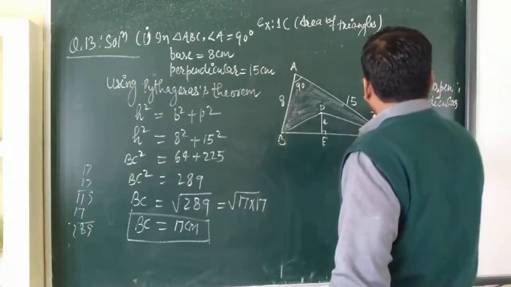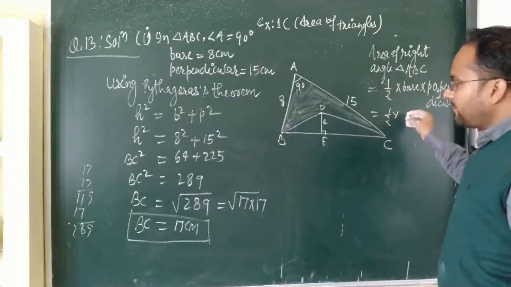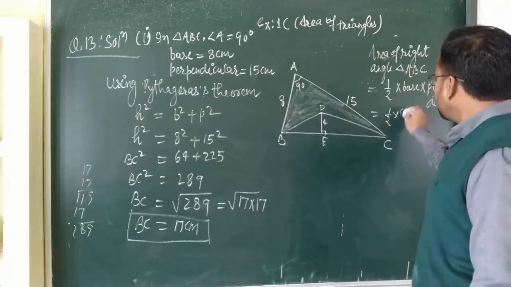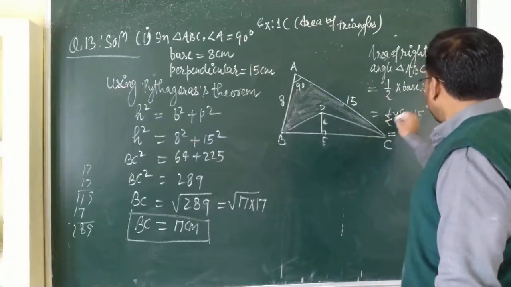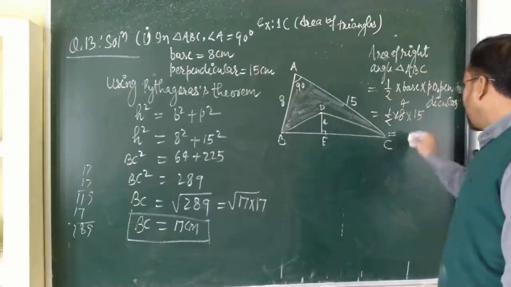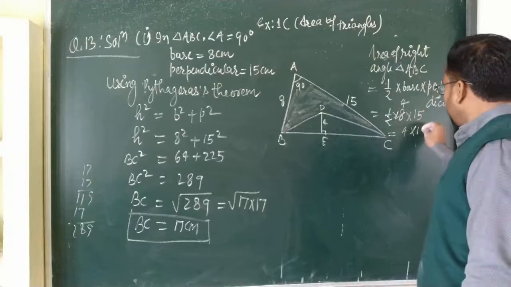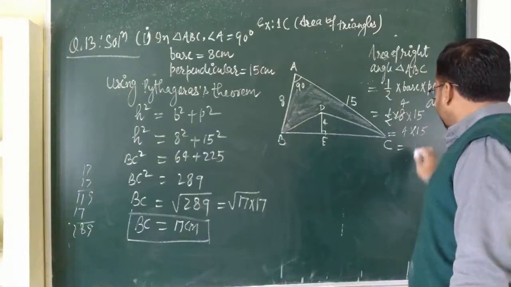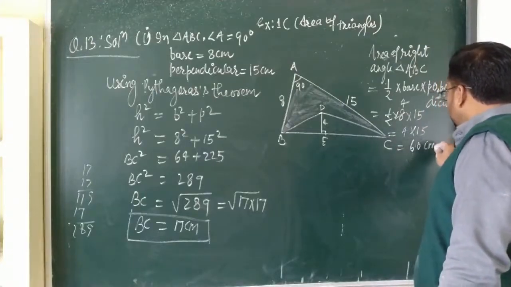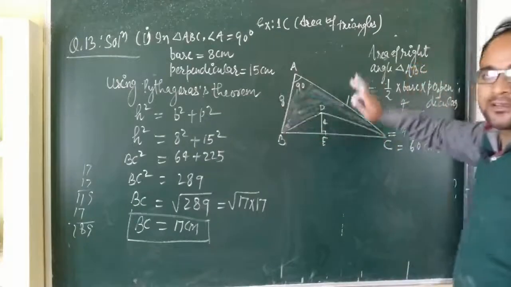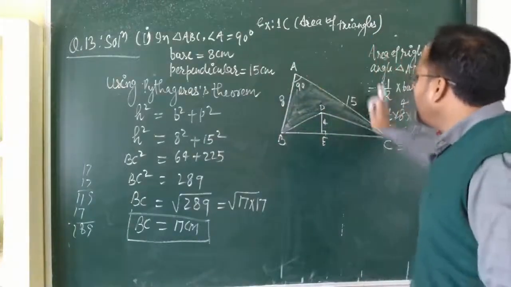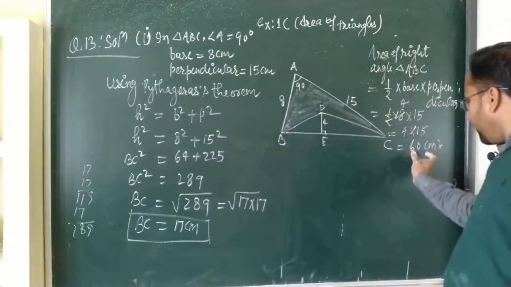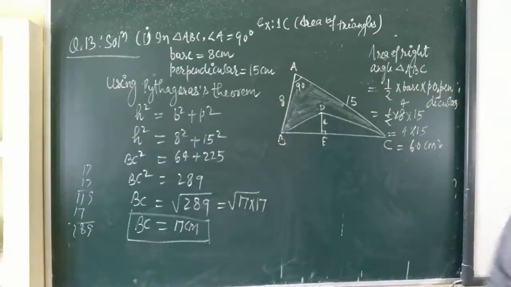Okay, so 1/2, base is 8 and perpendicular is 15. If you multiply this way, 8 is cancelled out by 2, 4 is multiplied by 15, you will get this 60 centimeter square is the area of a whole region. A right angle triangle is that ABC. A is a right angle, so whole area you will get that 60 centimeter square.